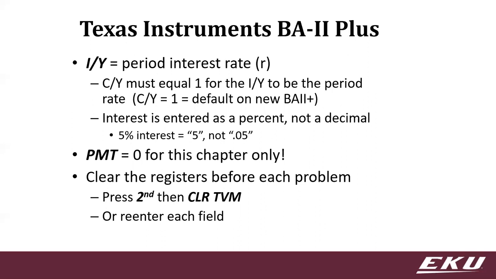It's just like interest per year. So they could, of course, have called it R, but I've seen it as IY so much that's kind of how I think about it. And then PMT is going to be 0. Later on, I'm going to show you how to do this with other payments.